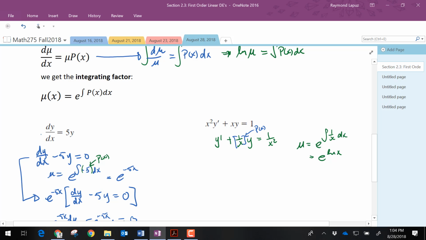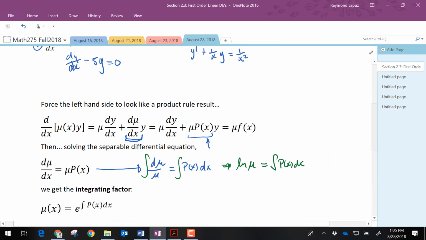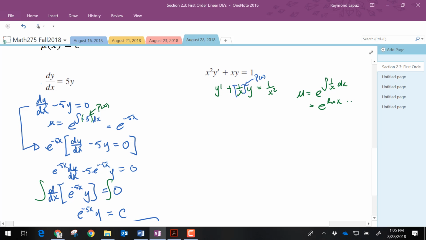Now, this is technically an indefinite integral, so technically there would be a plus c here. Just like technically there would be a plus c over here, but I'm not going to do it in class. But if you put a plus c on this integral, and then you follow the work through all the way to the end, you'll see that that plus c will merge into the plus c that you get when you take the integral again later on.